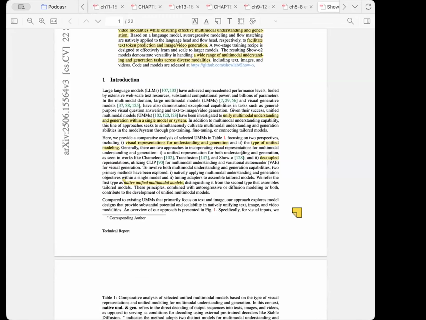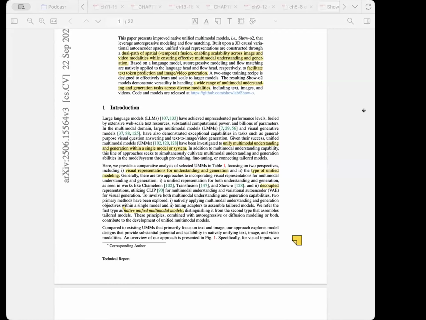I feel like it fills a gap of the unified multimodal models in 2025, because there is usually a trade-off between understanding and generation, and also between the language knowledge and the visual part. Show-O2 tackles these two trade-offs in a quite cost-effective way. In its key findings, it has two versions: the first one is 1.5 billion parameters, the second one is 7 billion.